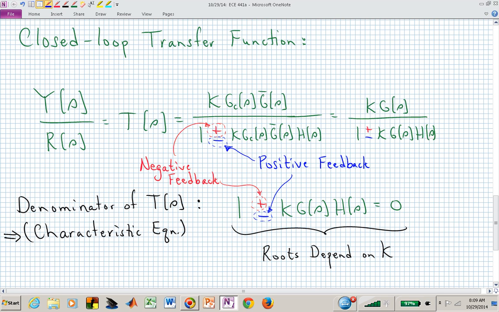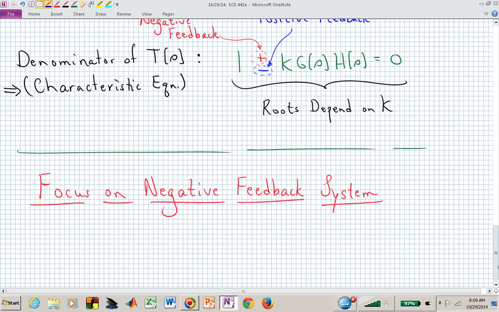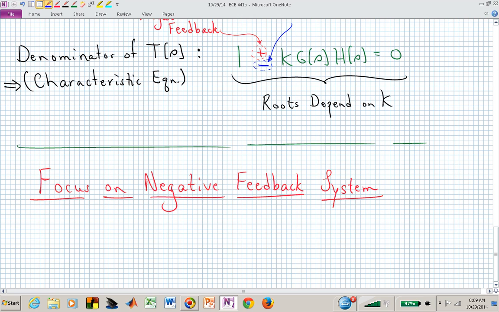That's what we're trying to develop today: how do we actually sketch those? And that's where these rules are coming from. We are going to focus on the red piece, the negative feedback, to derive these 6 rules. If you had the other case, positive feedback, these rules would be modified slightly. What's the characteristic equation when we have negative feedback?